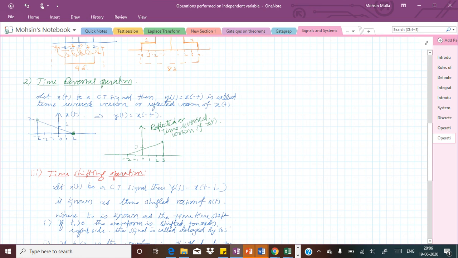So when you reverse this, 0 will become the first thing to happen because it will always start from the negative side towards the positive side. So my 0th magnitude will happen first, and plus 2 magnitude will happen at the last. This is how it will play in the reverse order as compared to the original signal.